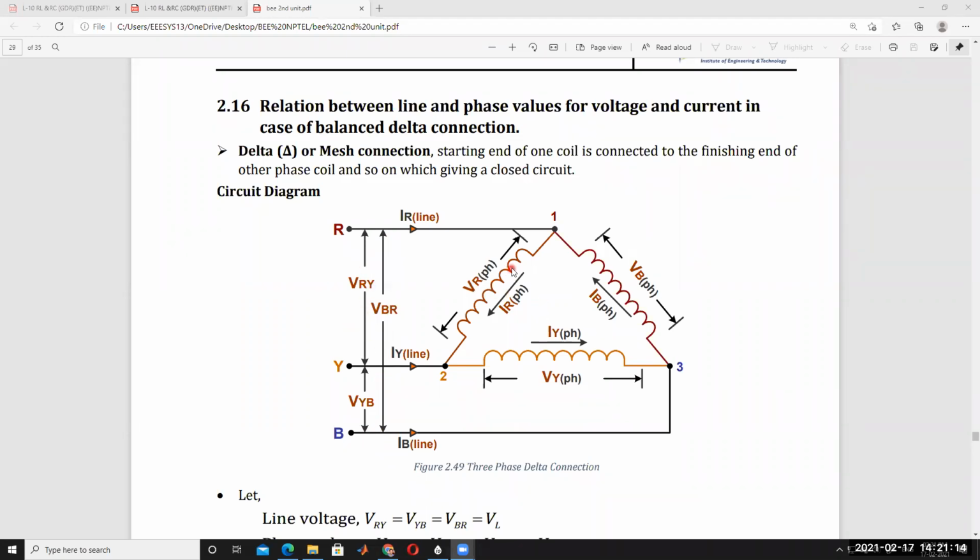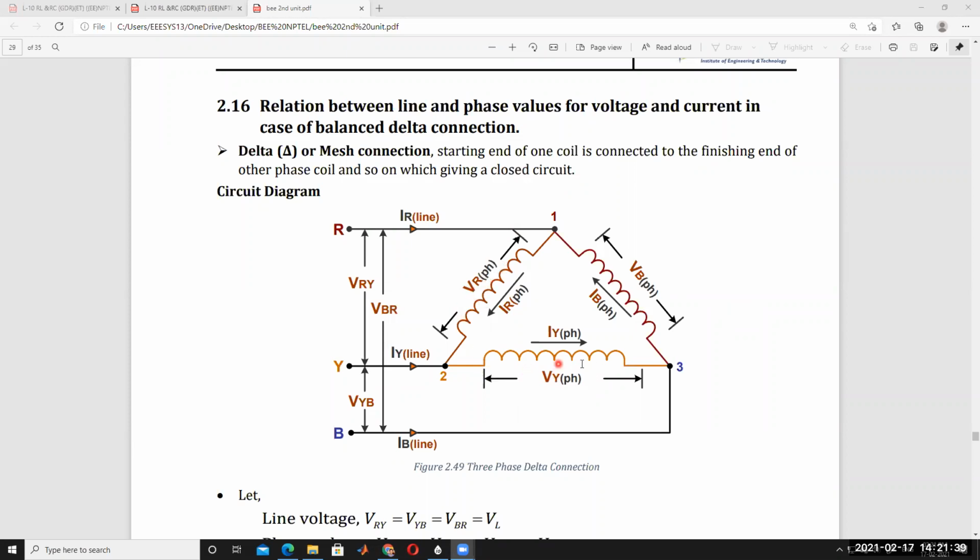Here R, here Y, here B, in anti-clockwise direction. The phase sequence is anti-clockwise RYB. So we have VR phase, VY phase, and VB phase. This is called the phase winding, so these are the phase voltages.